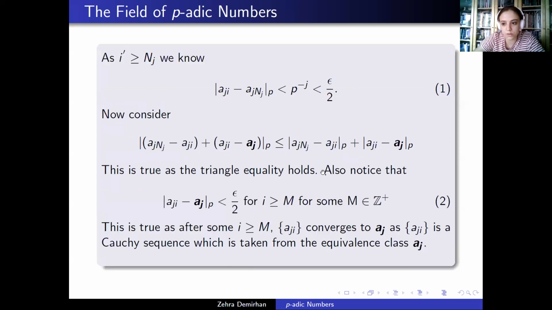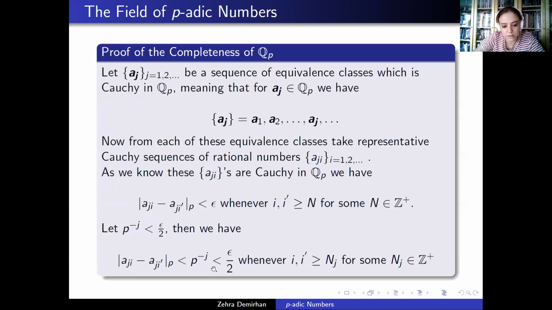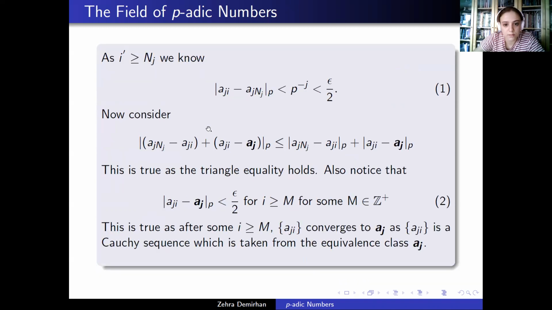Now let's try to show it. As i' is greater than or equal to n_j, we can replace this i' by n_j easily. So remember, here we had this inequality, and now I'm replacing this i' by n_j, and we have the first inequality in our hand here.